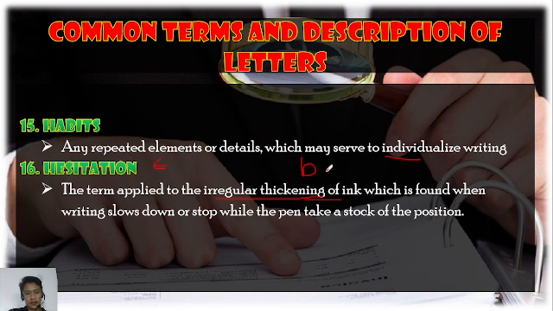So it seems the pen is stuck on the paper, or you stop and go. Then there is a thickening of the ink. This can be observed by deeper analysis of the handwriting. So it could be formed by stopping, or hesitation as we call it, while the pen is stuck at the position, or pressed, impressed on the paper.